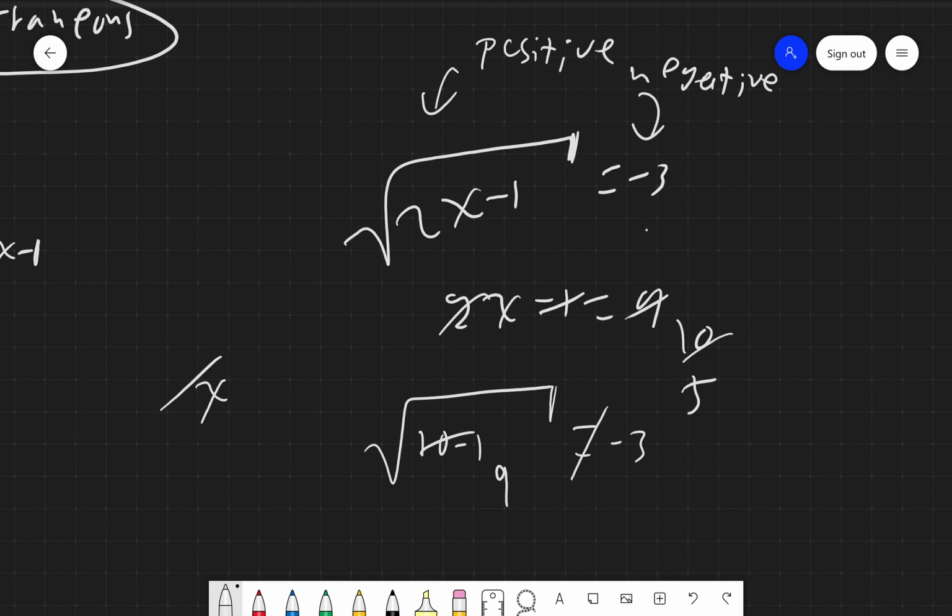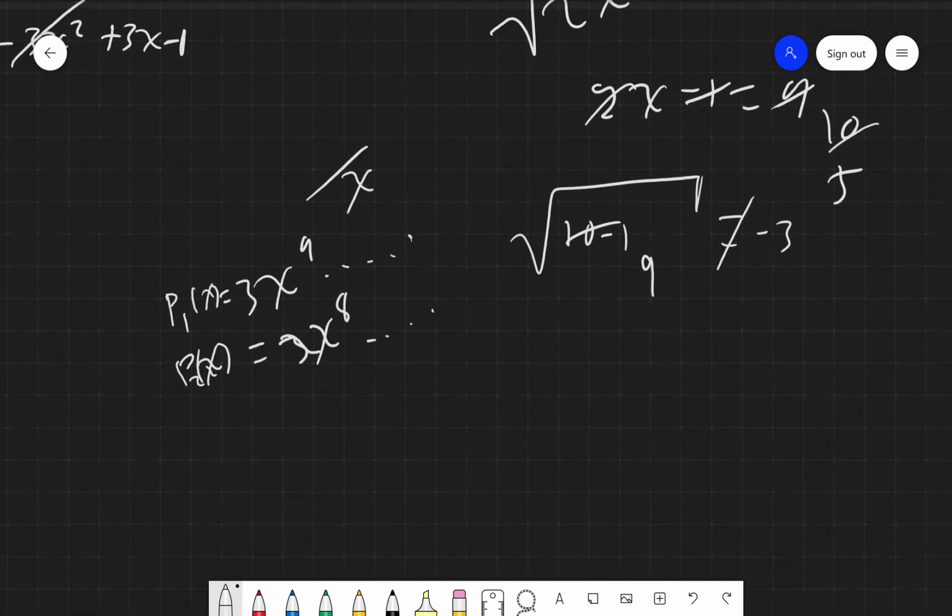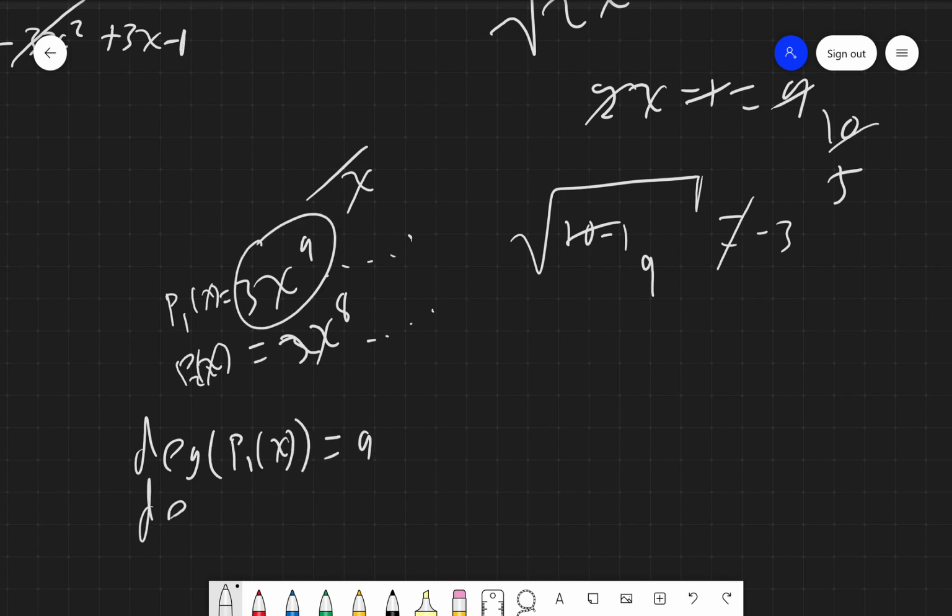Notice the highest degree. Let's say we had 3x to the 9th. If we divide it by x, we get 3x to the 8th. Let's say we have some polynomial p1 of x with degree 9, which is this term, and p2 of x with degree 8, which is this term.